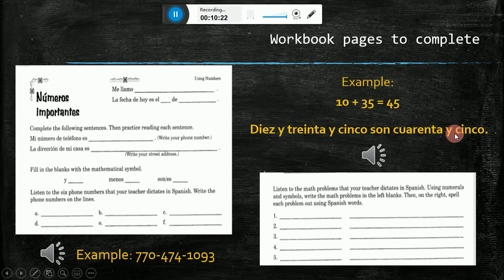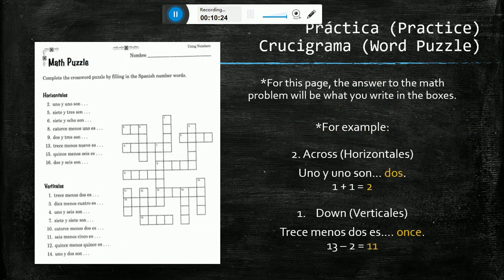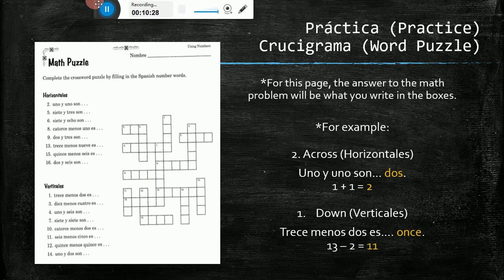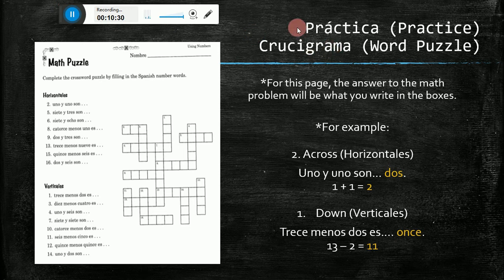For this section, we will complete a practice word puzzle. Okay, so práctica is practice. Crucigrama is word puzzle. Okay, so for example, number 2 across, which is horizontales, you see the problem uno y uno son. So let's break that down.